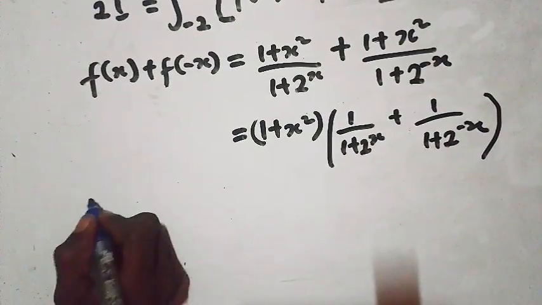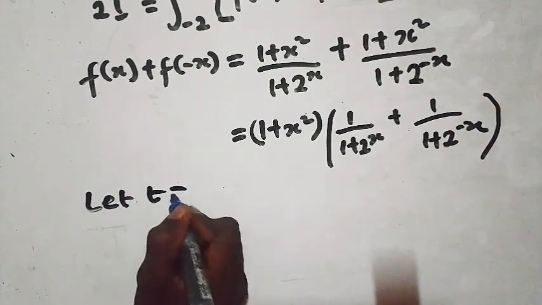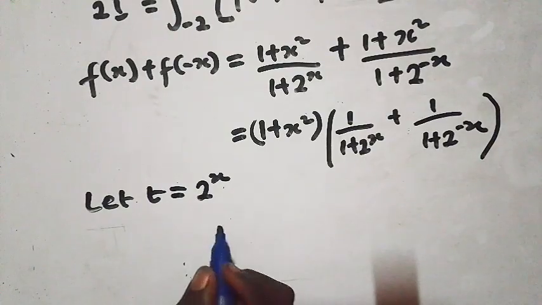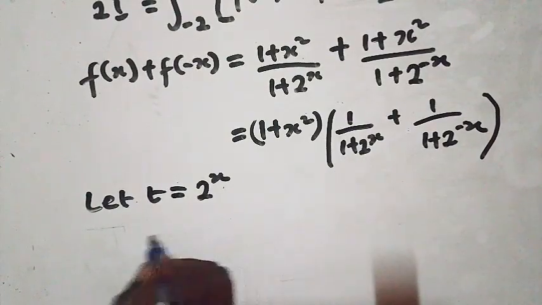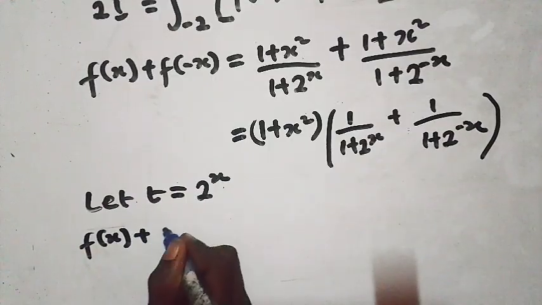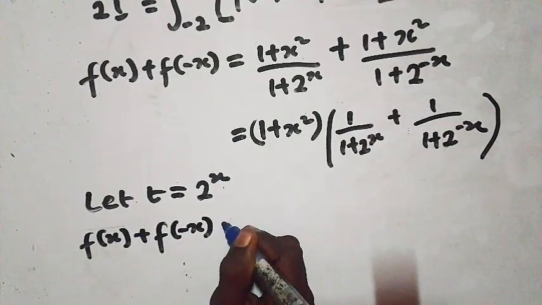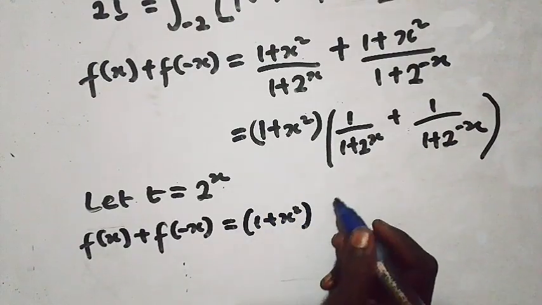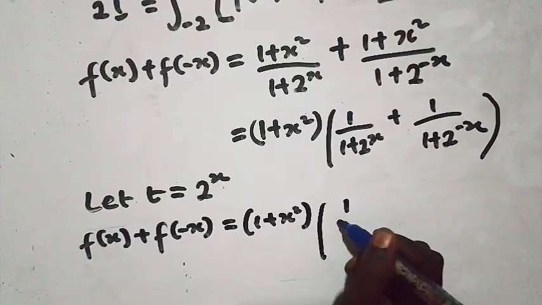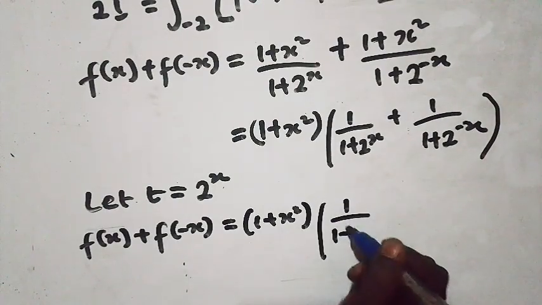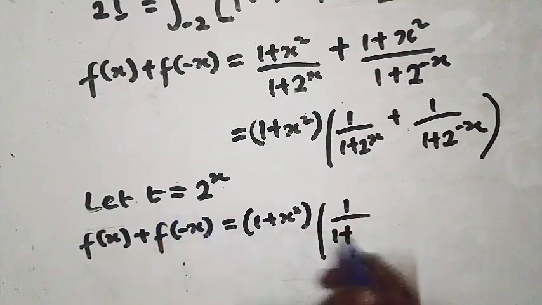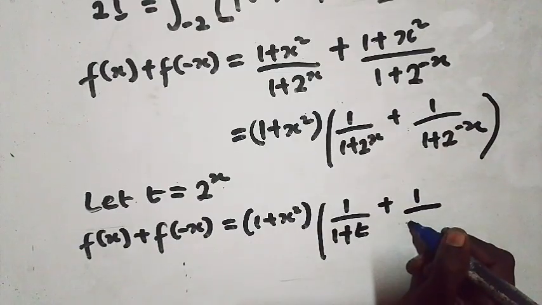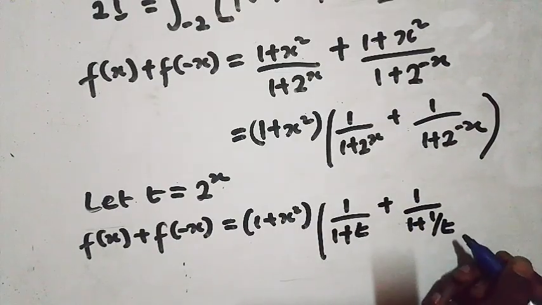So from here we can just say let t equal 2 raised to power of x. Therefore, f of x plus f of minus x equals (1 + x squared) times [1 over (1 + t) plus 1 over (1 + 1 over t)].